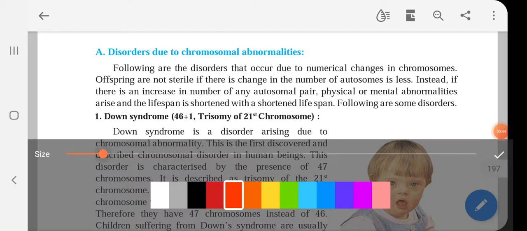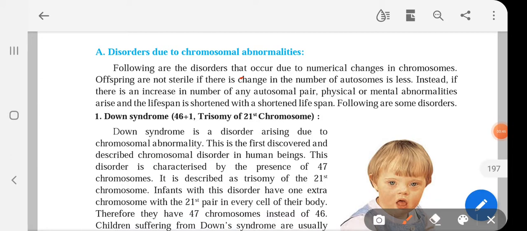Following are the disorders that occur due to numerical changes in chromosomes. Offsprings are not sterile if there is change in the number of autosomes. Instead, if there is increase in number of any autosomal pair, physical or mental abnormalities are seen and the lifespan is shortened.